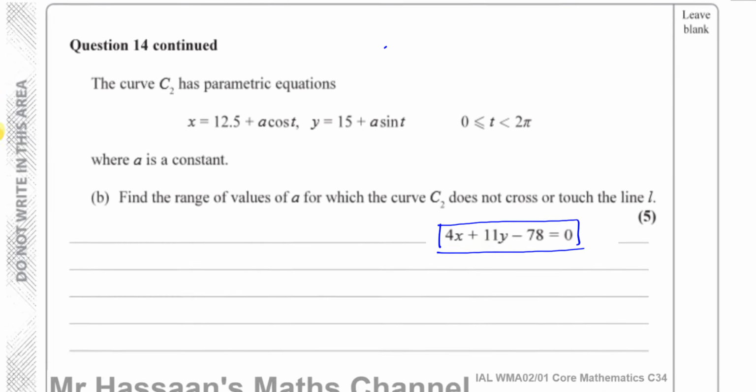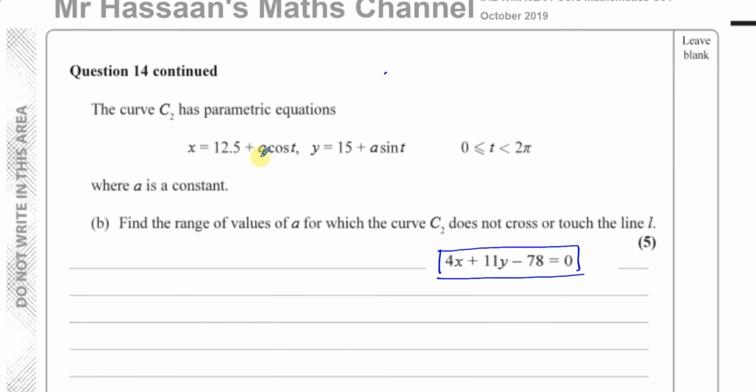So basically we have to find the range of values of a such that this line does not touch or cross this curve. This seems like a bit of a strange type of question, but let's just soldier ahead.